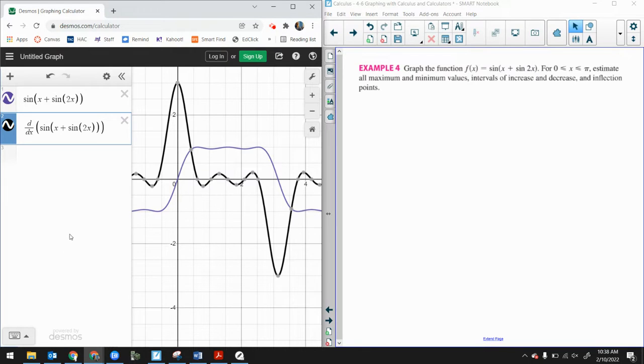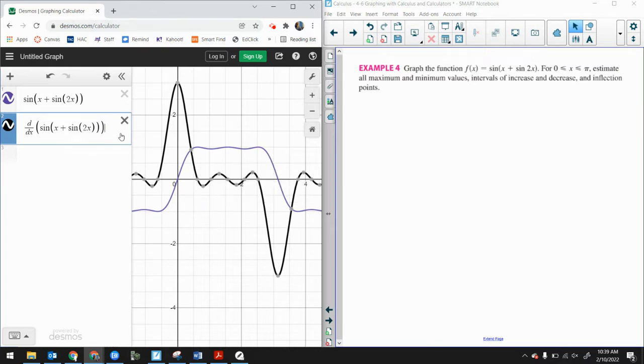Look at that. Okay, so what do I see here again? 1, 2, 3, 4, 5 zeros from 0 to pi. Look, they match up exactly to my maximum and minimum values. I mean, think about how difficult this would have been to find all those critical points. That would suck, right?